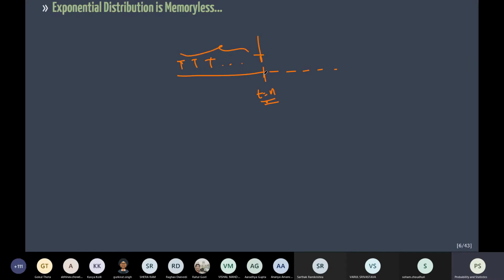In other words, what happened up to here has no influence on when I will get the head from here onwards. So this is called the memoryless property.